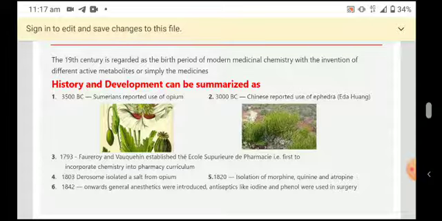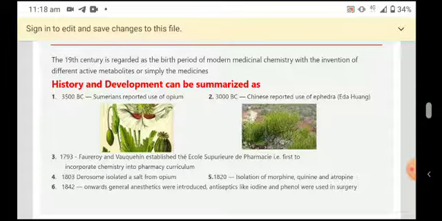The fourth point: in 1803, Derosne isolated a salt from opium. In 1820, isolation of morphine, quinine and atropine was carried out.